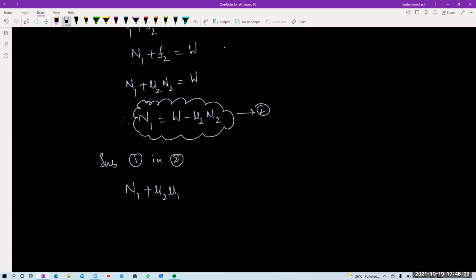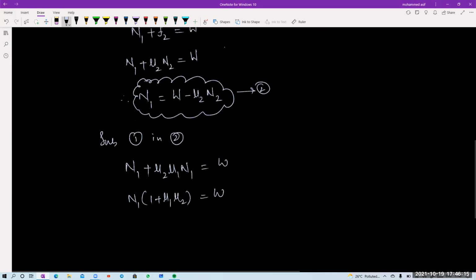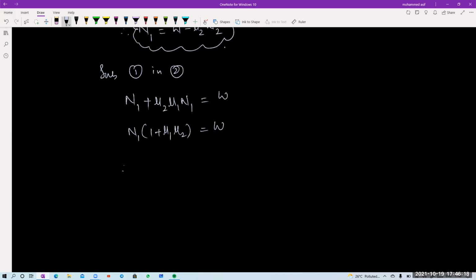So this is mu1 into N1, and it will be equal to W. N1 will be common in this one, so it is 1 plus mu1 into mu2 times N1 equals W. Therefore N1 will be equal to W divided by 1 plus mu1 into mu2. So in terms of mu1 and mu2, I got the value of N1.